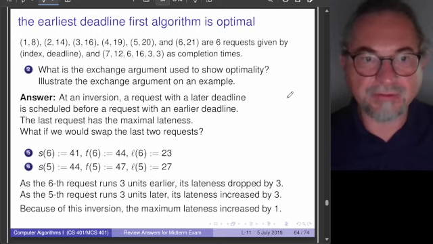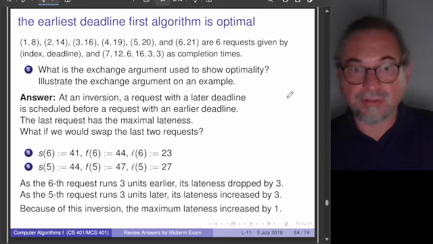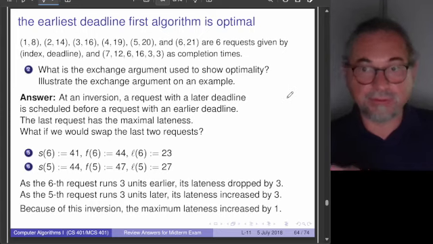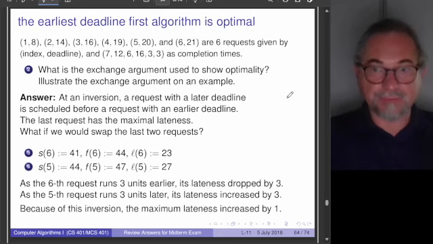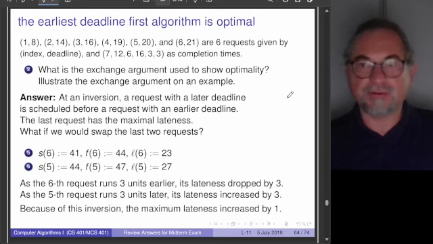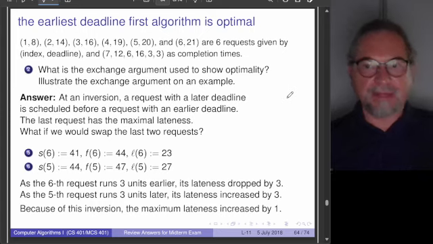And I'll ask you here to repeat this argument by saying, look, if I schedule request 6 before request 5, then indeed, because there were 3 units before, the lateness drops from 26 to 23. So request 6, customer 6 will be happier, less lateness.